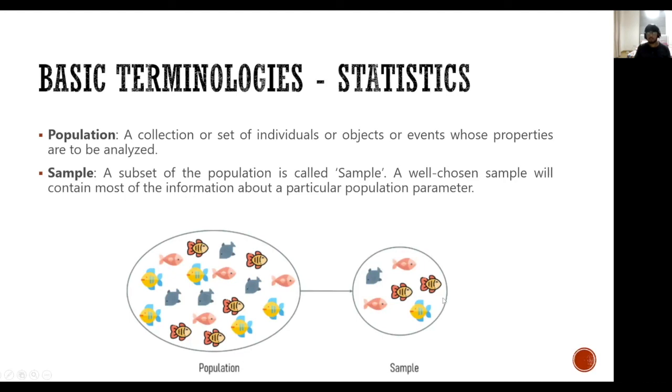Let's look at what a sample is. Samples are basically subsets of a population, right? As we can see in this example, this is a good sample, because, let's see, there's 5 golden fishes here and there's 2 of them in our sample. There's 4 of these pink fishes here, and 2 of them in our sample.